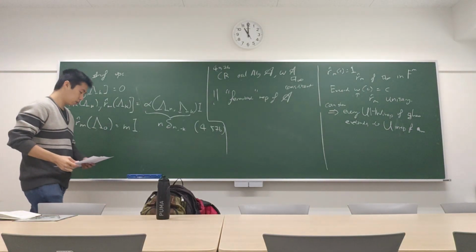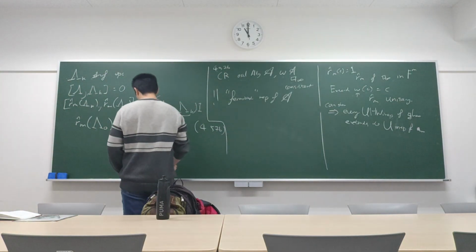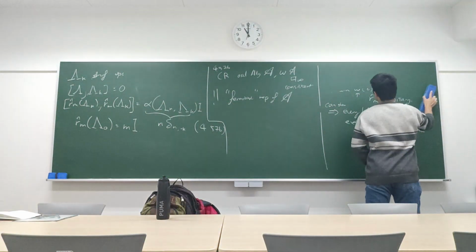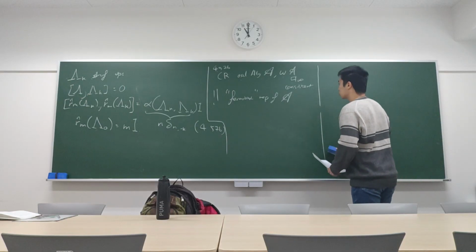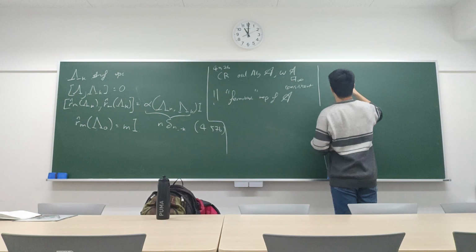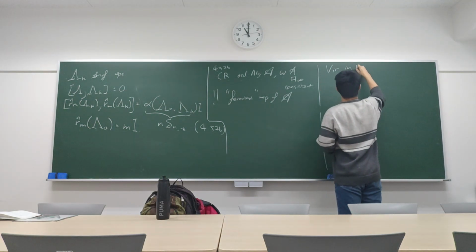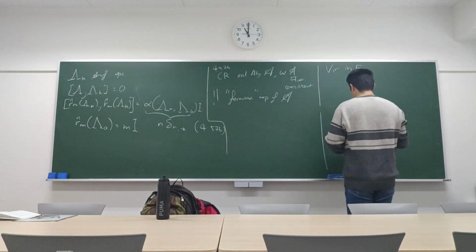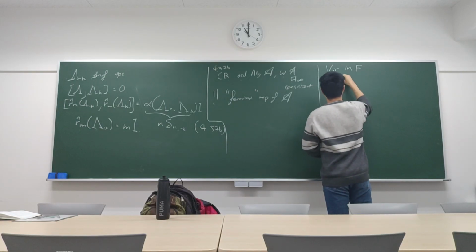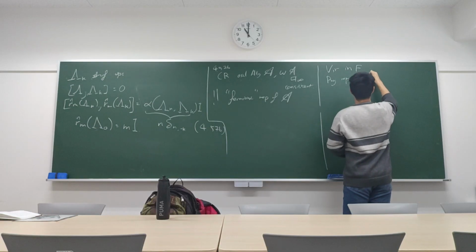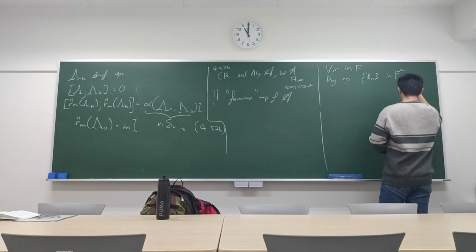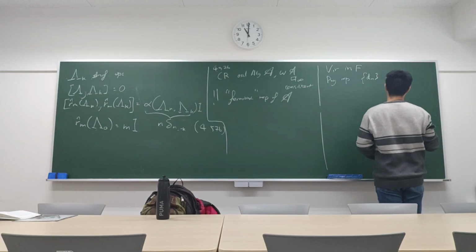the last thing we want to examine here is the representation of the Virasoro algebra in F. Okay. So a projective representation of the W algebra in F must be a linear representation of the Virasoro algebra.